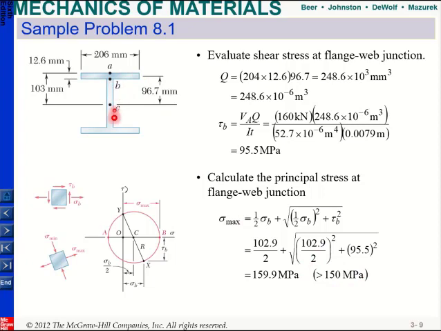So this design will fail. It will not fail at point A, but it will fail at point B. And this is due to this large shear stress. So you have normal stress due to moment, but you also have a large shear stress. So the combined effect of your normal stress and your shear stress creates a larger maximum normal stress.